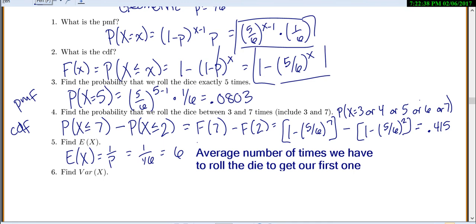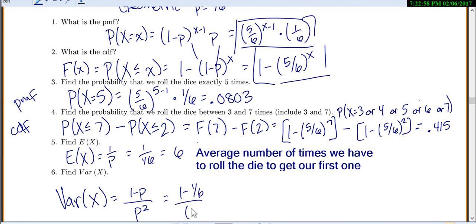So we expect we'll have to roll about 6 times to get our first one. Sometimes it'll be faster, sometimes it will be longer. But the average is about 6 times. And the variance is 1 minus p over p squared. So 1 minus 1/6 over 1/6 squared gives me 30.